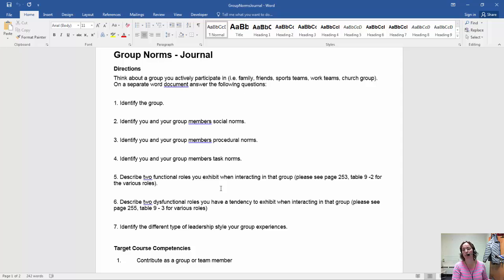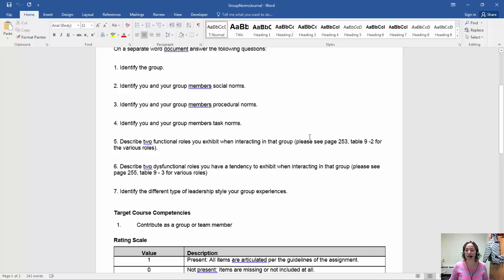Once you've identified your group member social norms, you will then identify your procedural norms in that group. And again, the procedural norms can be found in chapter 9. Once you've identified the procedural norms, you will then identify you and your group members' task norms. And again, all of that information is located in your textbook in chapter 9, beginning on page 250.